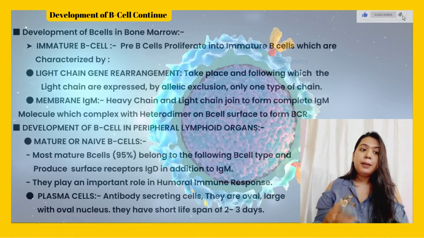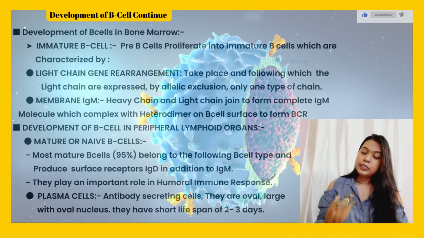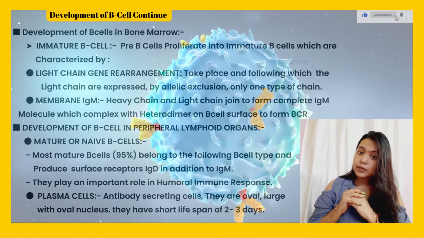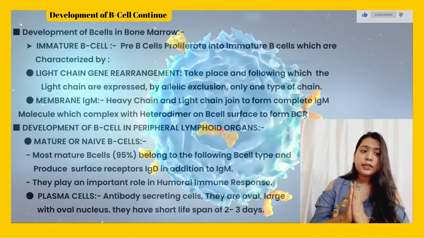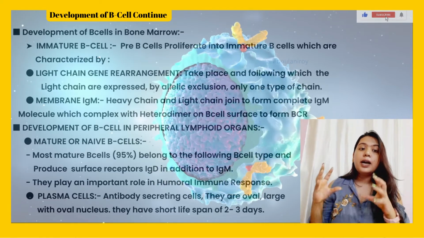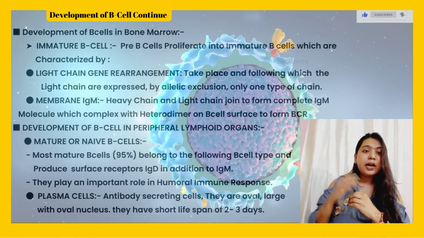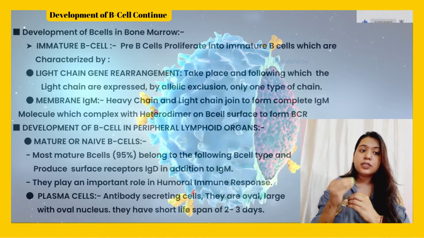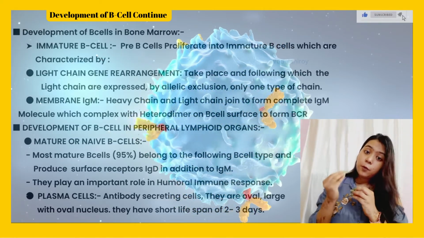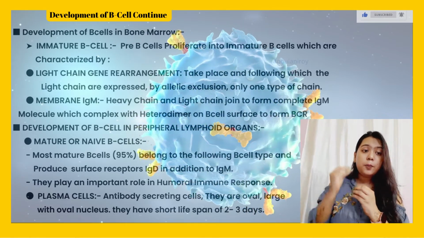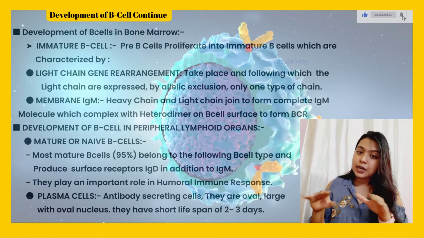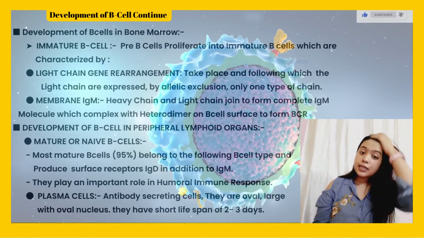Next you see membrane IgM, okay, which is your largest immunoglobulin, as you all know. It will have your heavy chain and light chain, they will join to form a complete IgM molecule, which complexes with your heterodimer, which was produced by your pro-B cell, on the B cell surface to form your BCR, or you can say the B cell receptor.